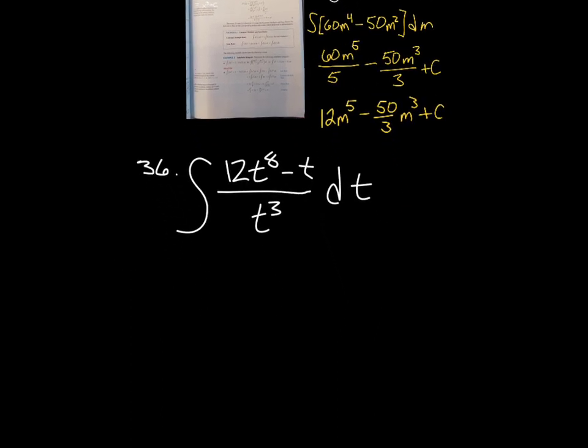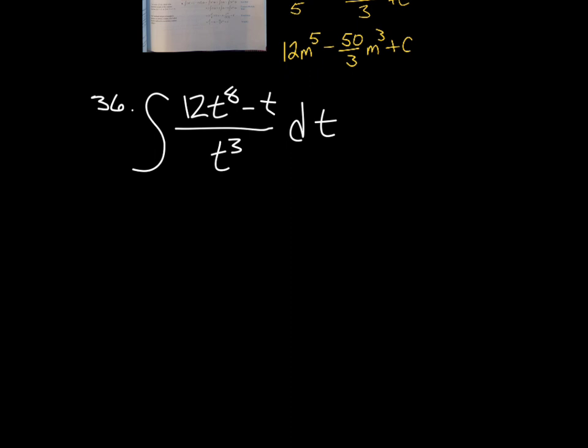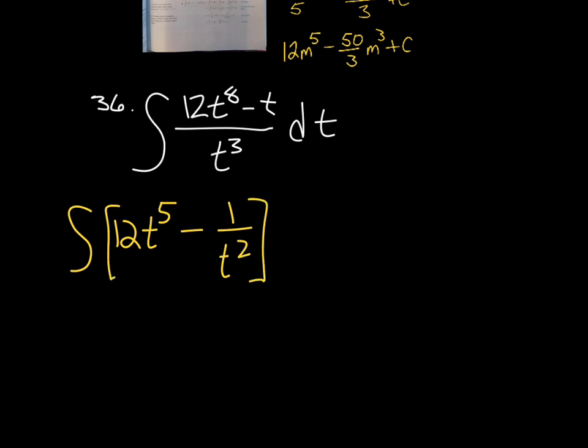We have no way of handling anything with division yet, so we are going to have to simplify this down. So then we're going to make this into 12 t to the 5th minus 1 over t squared. Again, that's our integrand. Okay, make sure you get used to the notation.